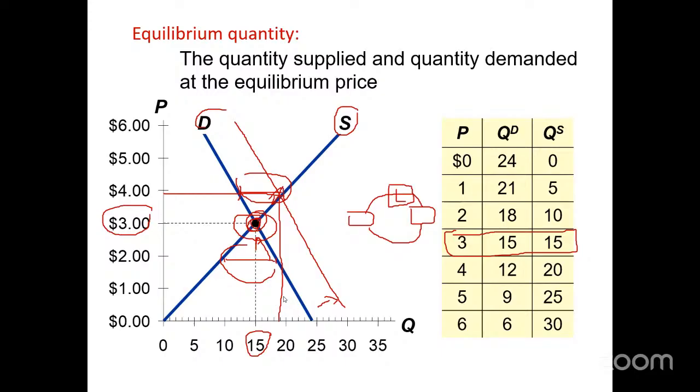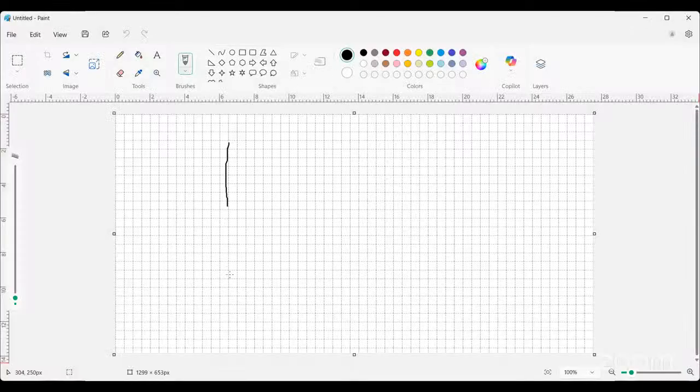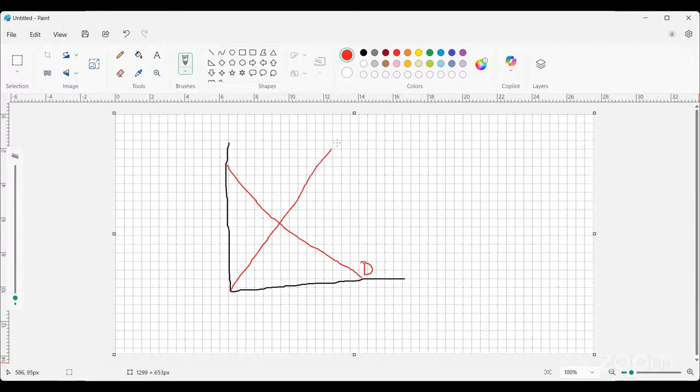Before that, let me go back here. Now, if you get the demand and supply situation like this, this is the demand curve. This is the supply curve.